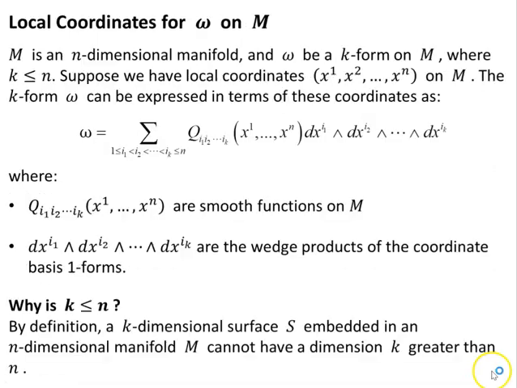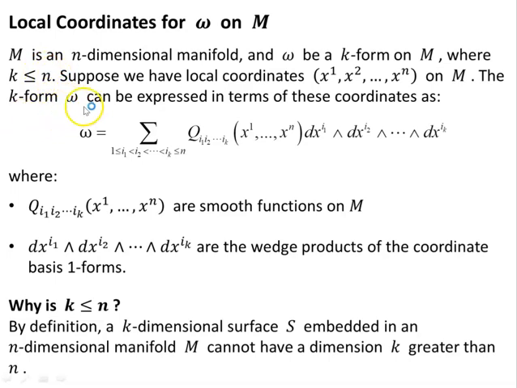Let's have a look at local coordinates for omega on M. M is an n-dimensional manifold and omega is a k-form on M, where k is equal to or less than n. Now suppose we have local coordinates x1, x2, up to xn on M, and I'll show you a diagram of that before long.